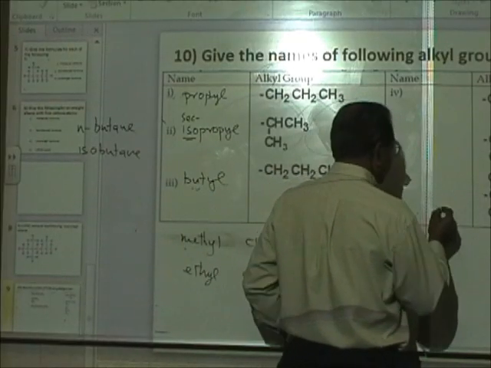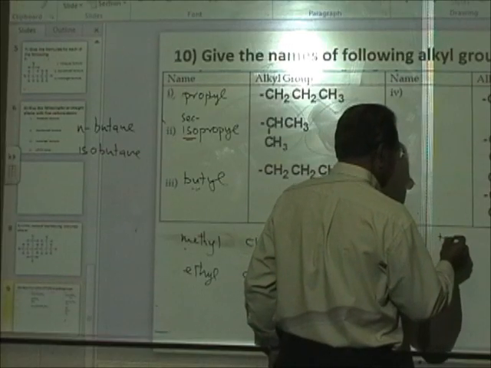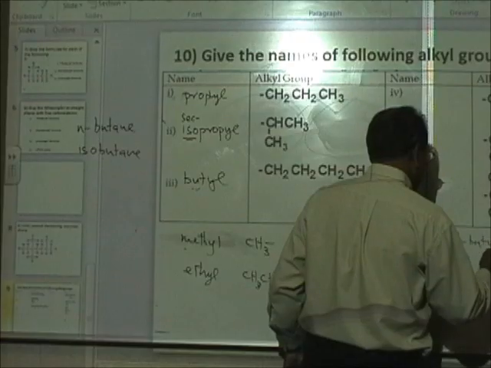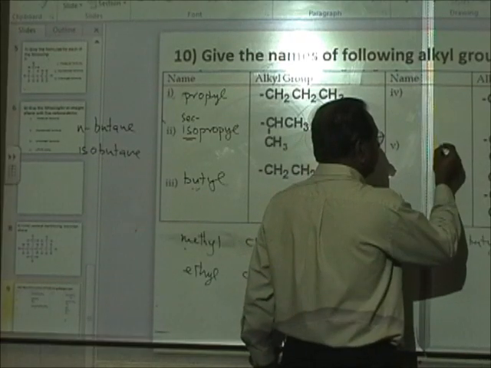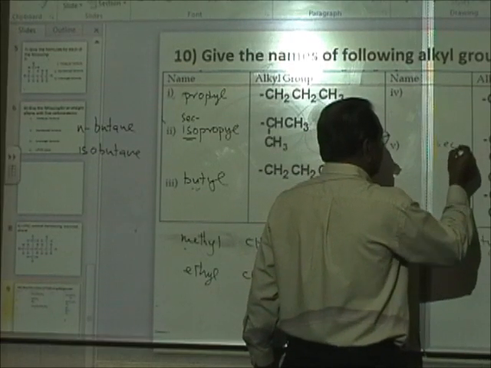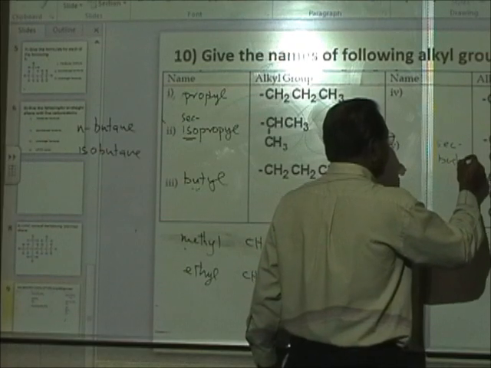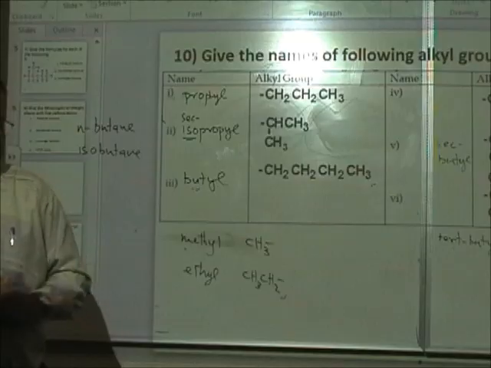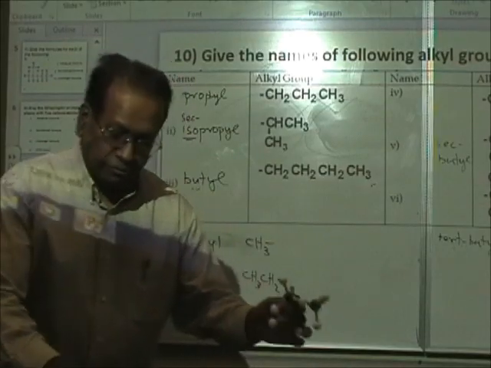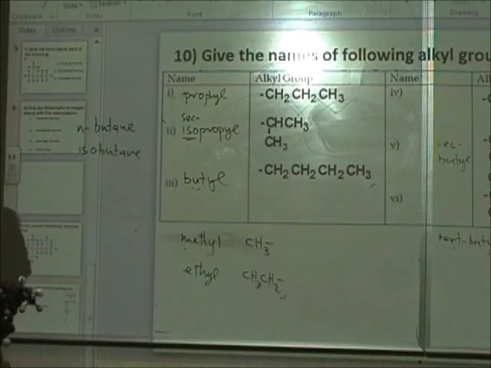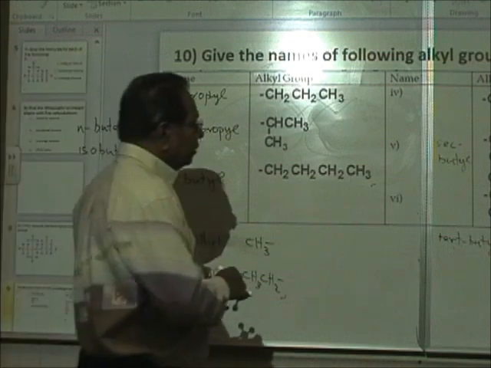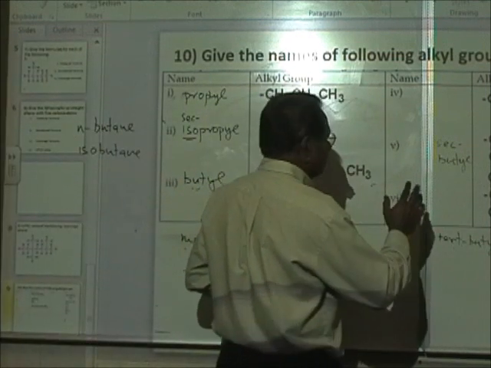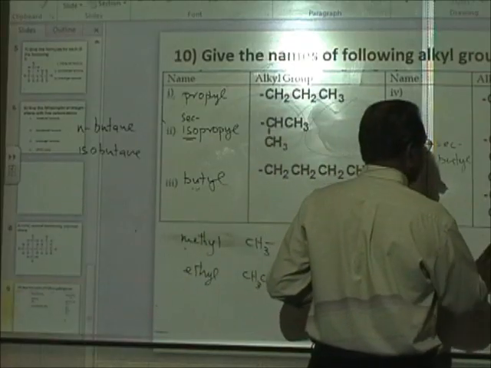Okay, so this one is called third butyl. Okay, this one is called sec butyl. Why is it called sec butyl? Because it's coming from a secondary carbon.